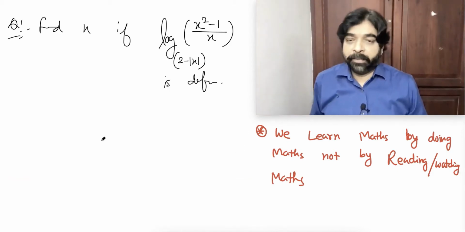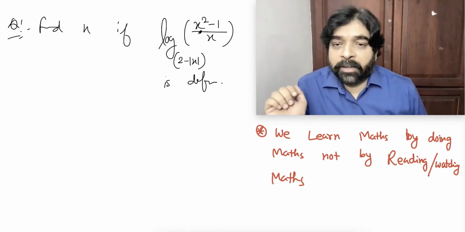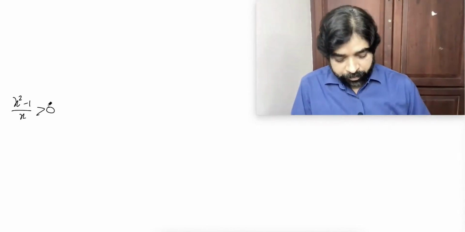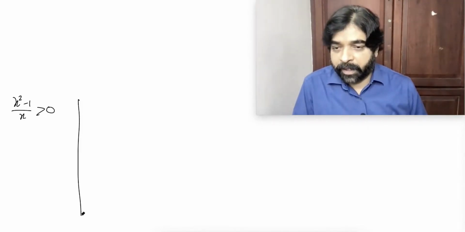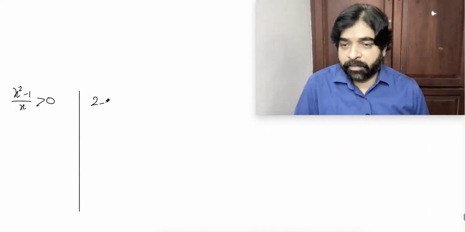Okay, one person has given an answer, so I will start solving. Log this one. So the first condition will be x square minus 1 by x greater than 0. Second condition, 2 minus mod x greater than 0.